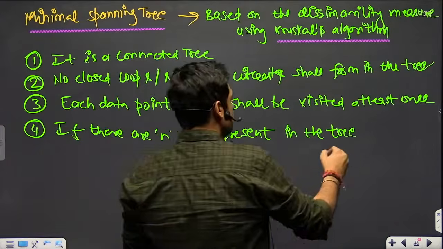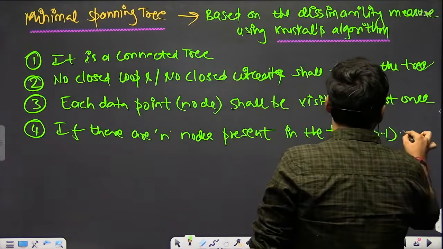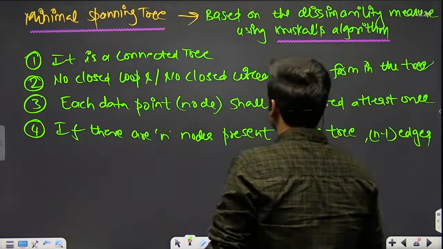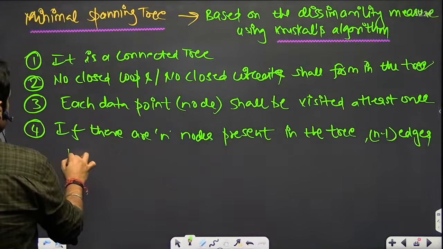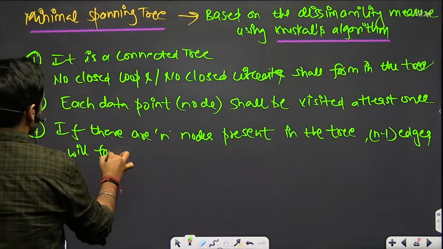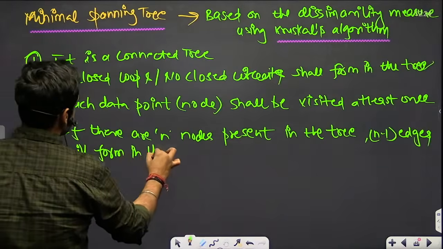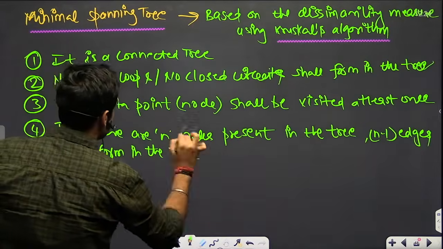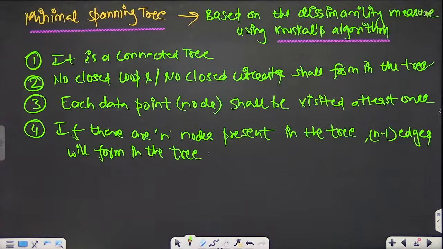Then n minus 1 edges would be formed. This is a guarantee, right? This is a rule. Okay, n minus 1 edges would be formed.